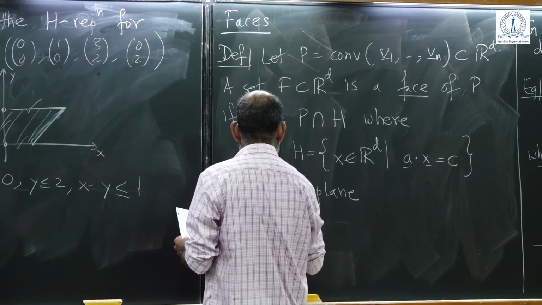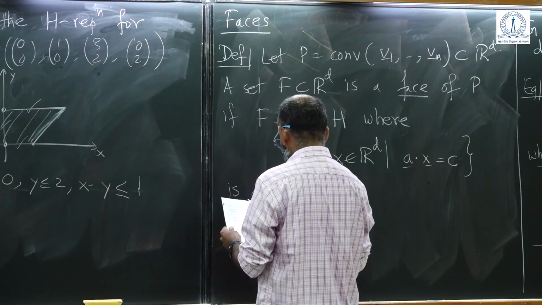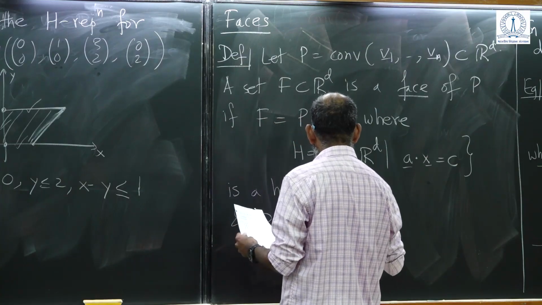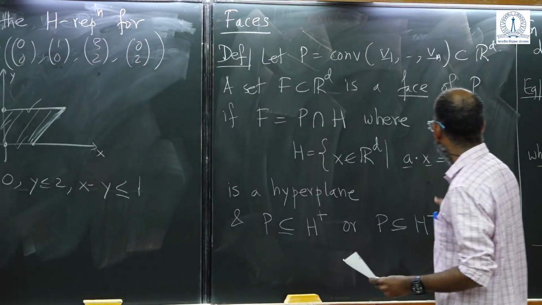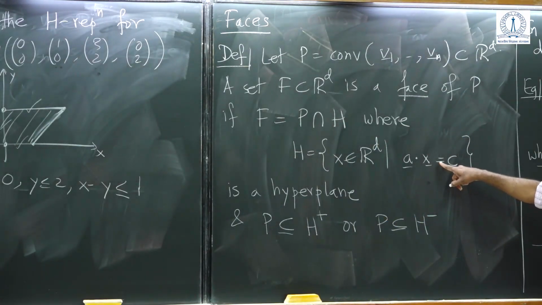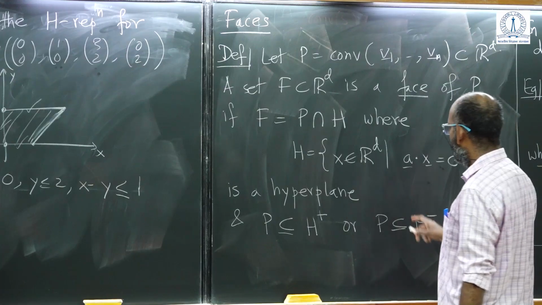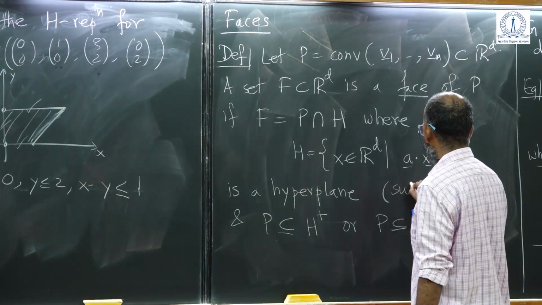And P is either contained in H plus or P is contained in H minus. So H plus and H minus means you're on one side of the hyperplane. This is what we saw yesterday as well. So such hyperplanes are called supporting hyperplanes.